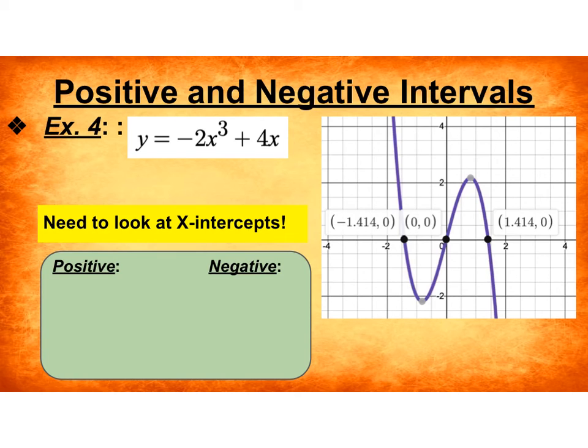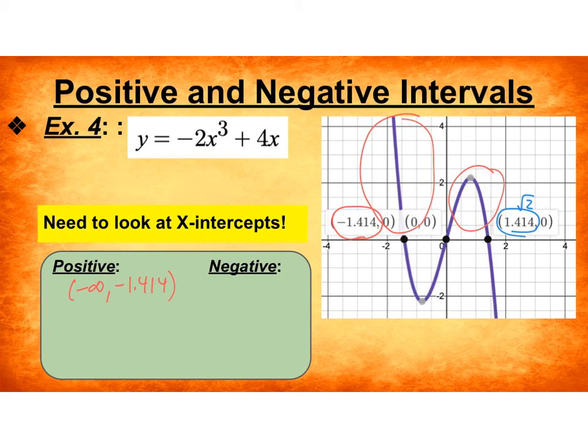Here are my x-intercepts. I'm wondering if you know what that number represents, 1.41. That is the square root of 2. So we want to talk about positive and negative. I'm going to make my positives red here. So this is positive and this is positive. And I'm looking at my x's. So this is -infinity to -1.41.